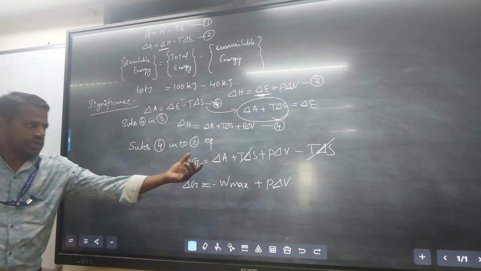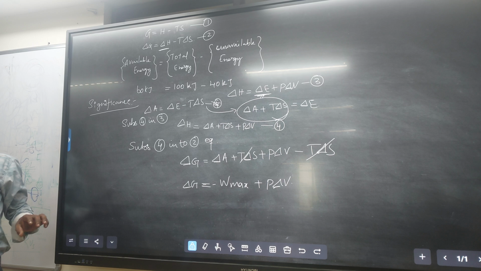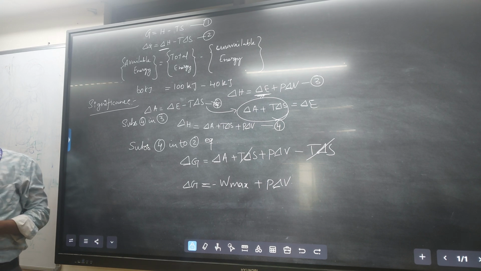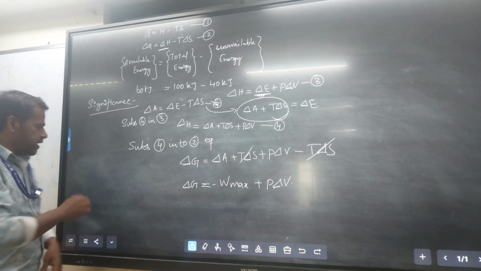Right? Instead of delta A, we write minus W max, because the significance of Helmholtz work function says we get the maximum work when the free energy is decreasing.